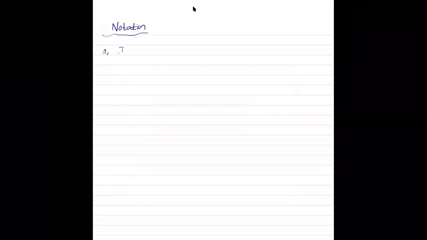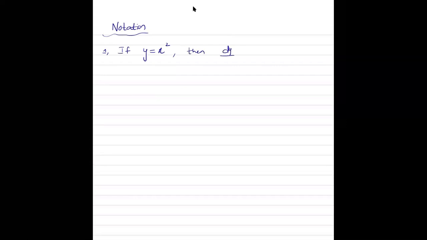If you are given an equation of the curve, let's say y equals x square, then the gradient function is going to be written as dy by dx. This is the notation for the gradient function, or simply I can say the derivative. We are differentiating y with respect to x.